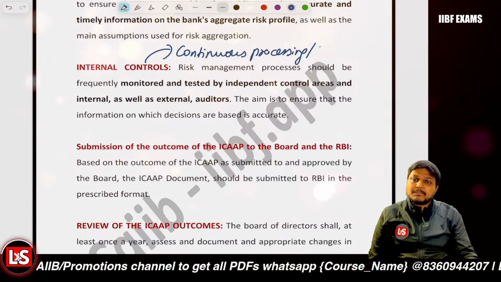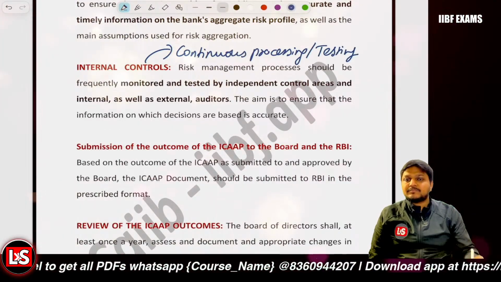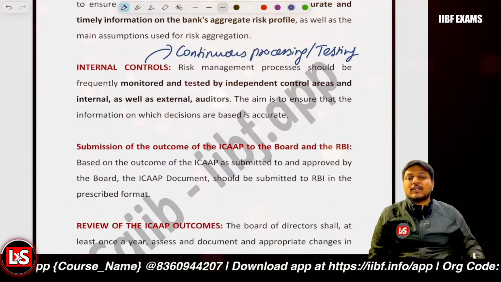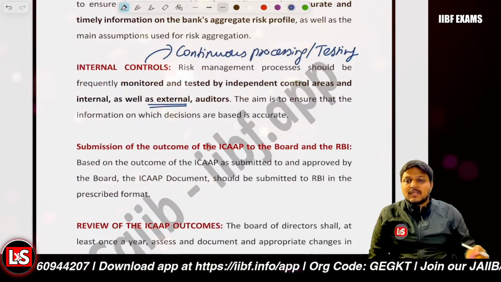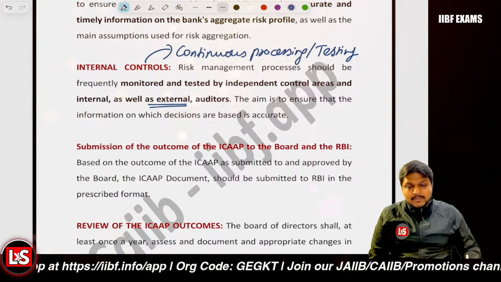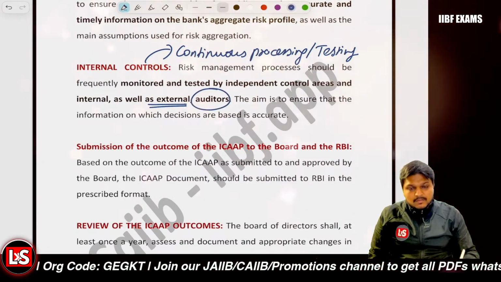At the same time, testing should be there. Independent testing can be done through the internal audit, like periodic review of the systems and controls. It could be the external audit, like independent validation by the external auditor, or the risk control units, right?